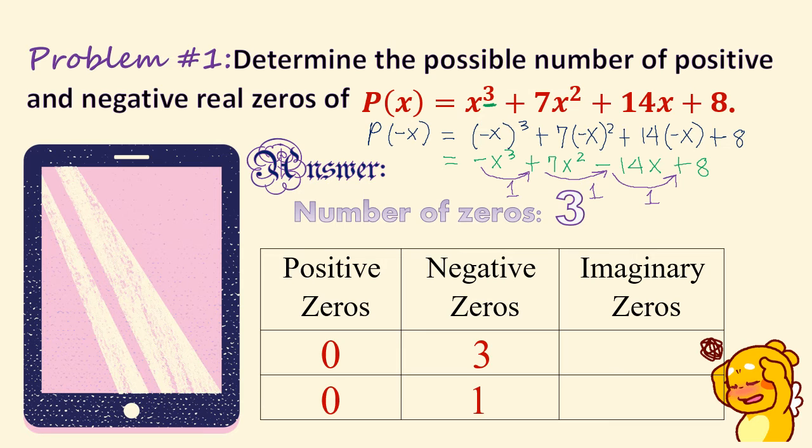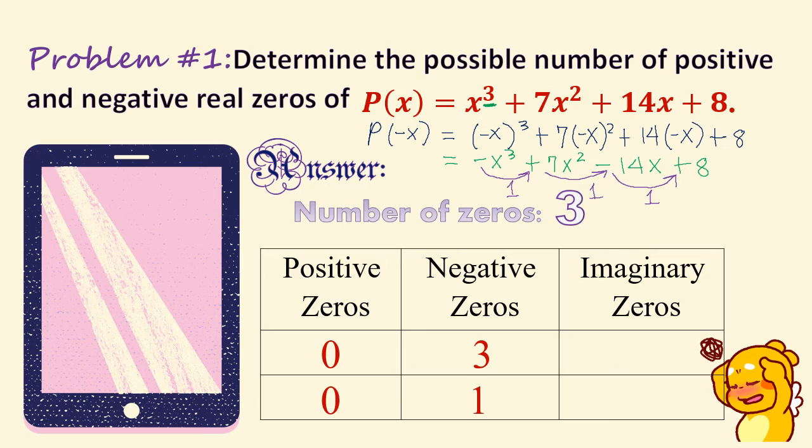And so for imaginary zeros, we just simply do this, guys. As you can see, we are expecting 3 zeros out of the given polynomial function. So you just simply use your common sense for this.